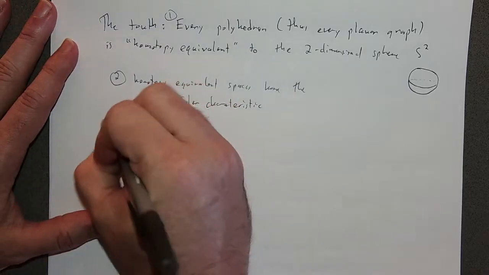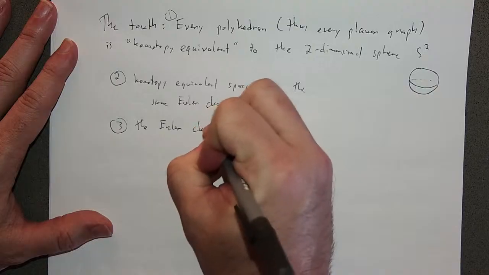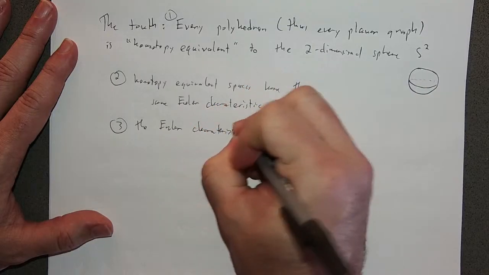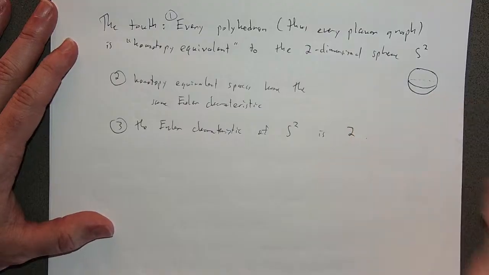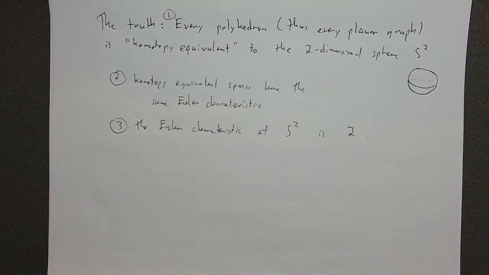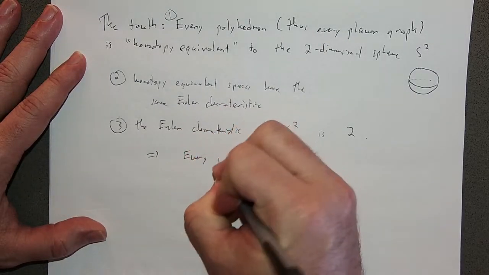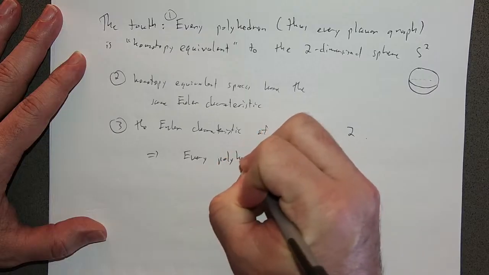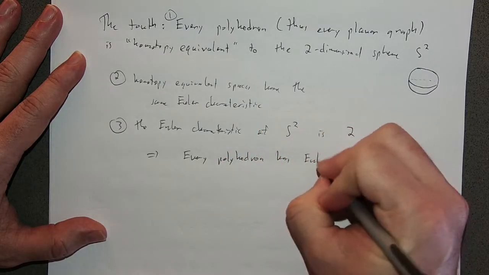And three, the Euler characteristic of S2 is 2. So every polyhedron has Euler characteristic 2.